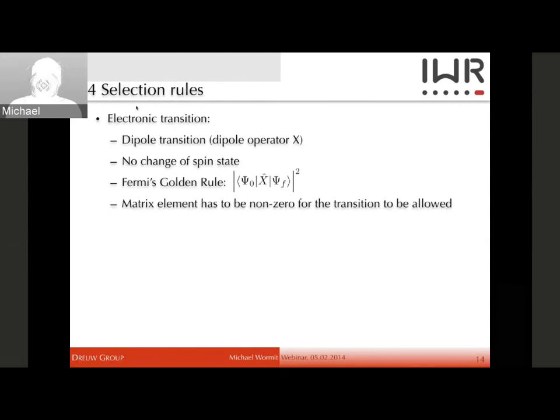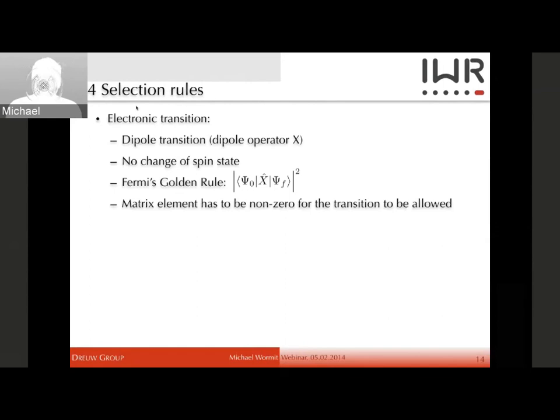And then you usually refer to Fermi's golden rule, which says that the transition probability between two states is proportional to this matrix element, which I've drawn here, where psi 0 is the initial or ground state, and psi f is the final state you're going to. The matrix element has to be non-zero for the transition to be allowed.